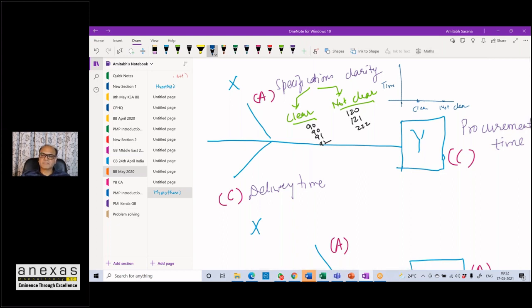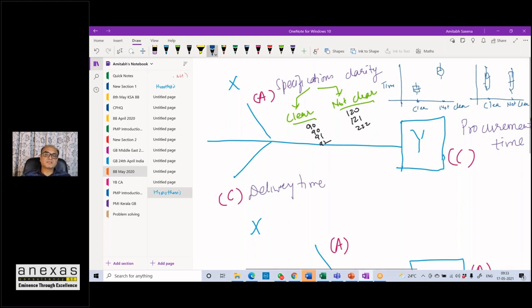And there were 2 possibilities, in fact. Clear and not clear. When it is clear, we look at, let's say, time taken is less, the time taken is high. Here, time taken is almost same.